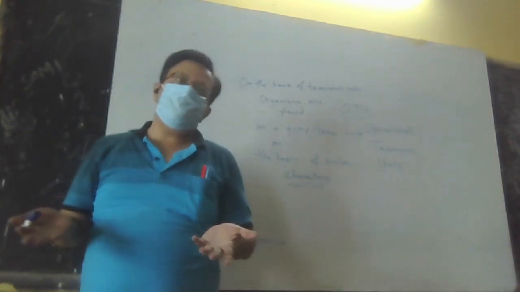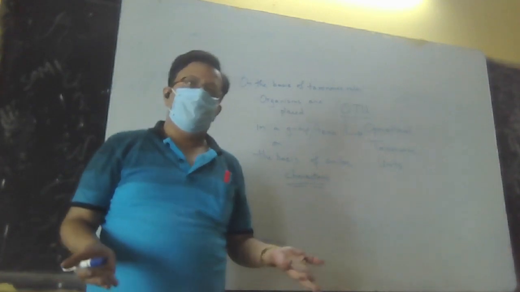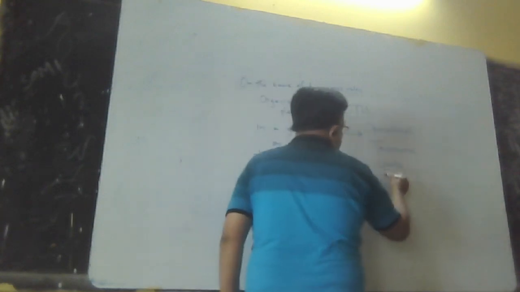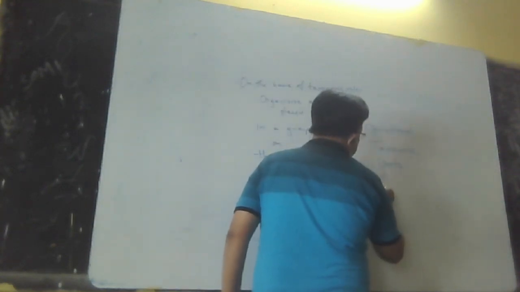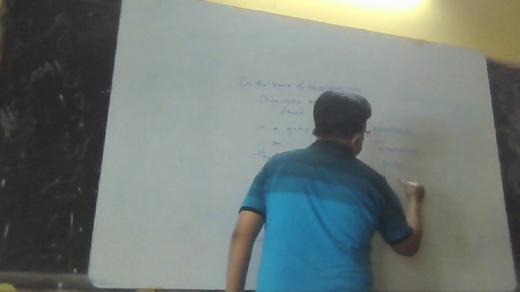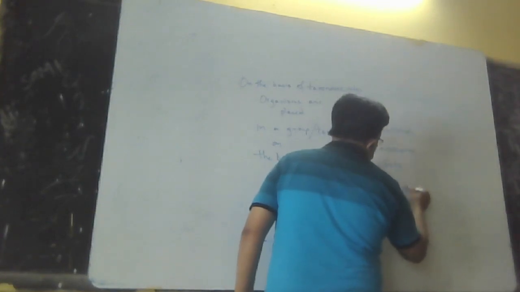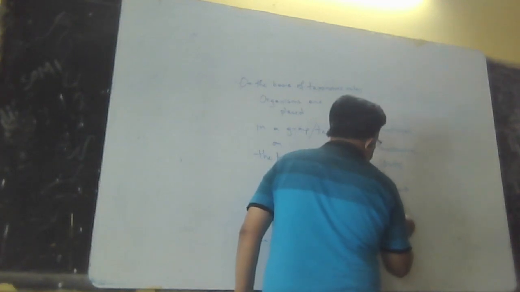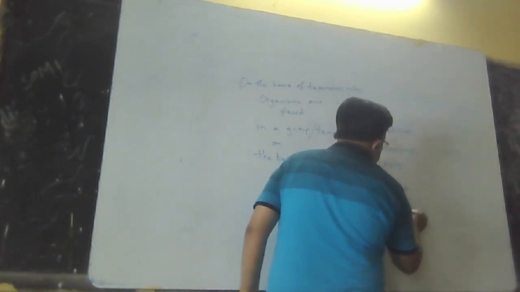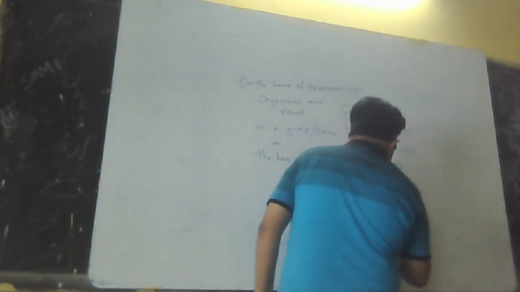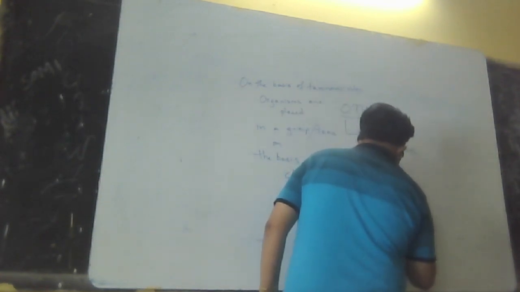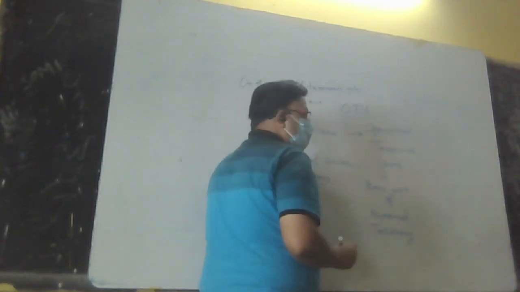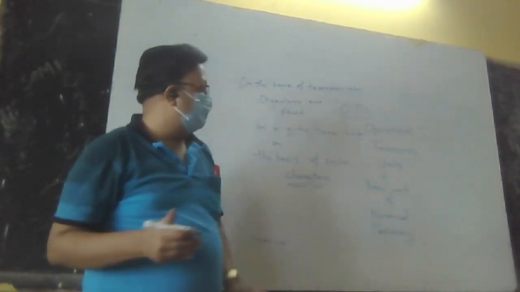Operational taxonomic unit is another way of saying what is a taxon. It is the basic unit of numerical taxonomy, on the basis of which classification is done.